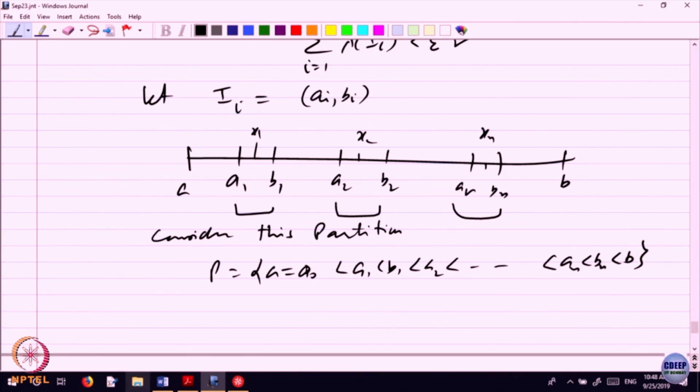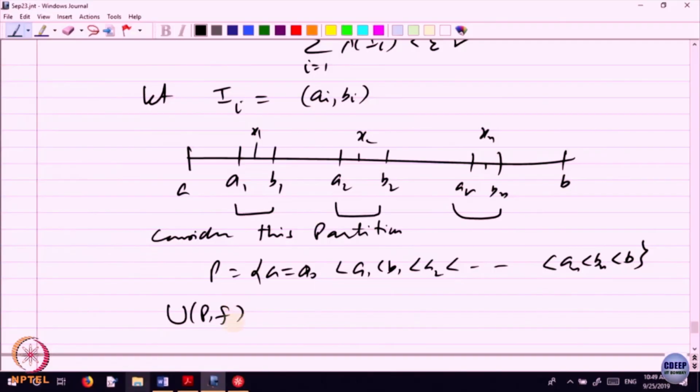With respect to this partition, the lower sum is 0, we know that always. The lower sum for every partition is 0. I want to calculate the upper sum with respect to this partition, right?